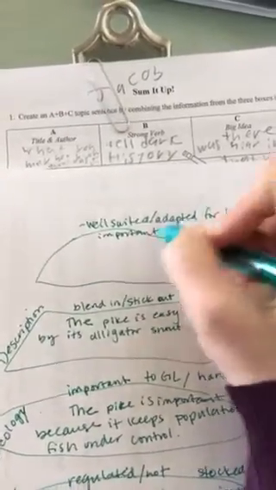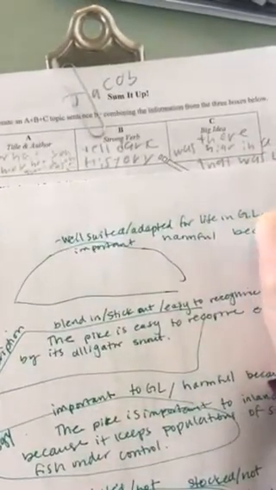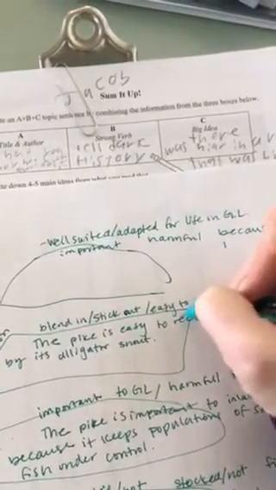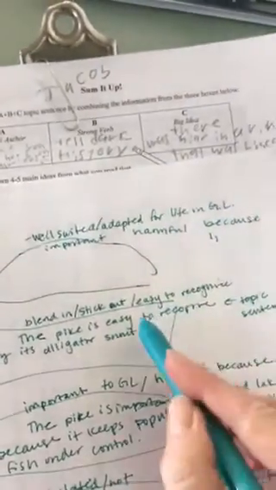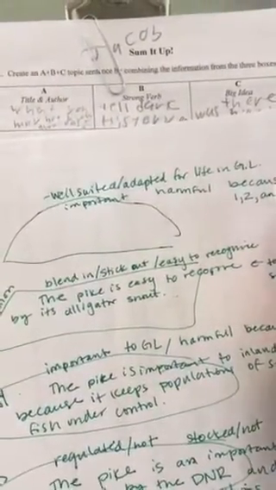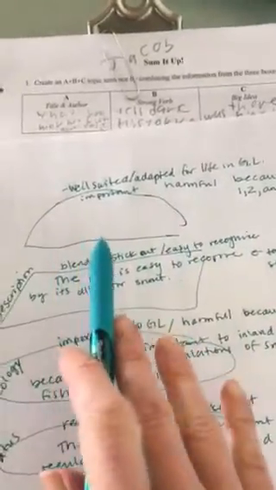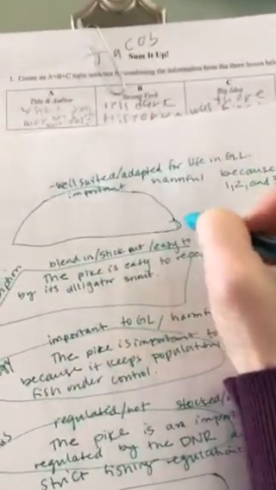So those are just some ideas to get you going. But then you're going to say because, and then you're going to briefly list something about the first one, comma, something about the second one, comma, and something about the third one, and then a period. So you're doing one sentence for your thesis statement, which will end your introductory paragraph.